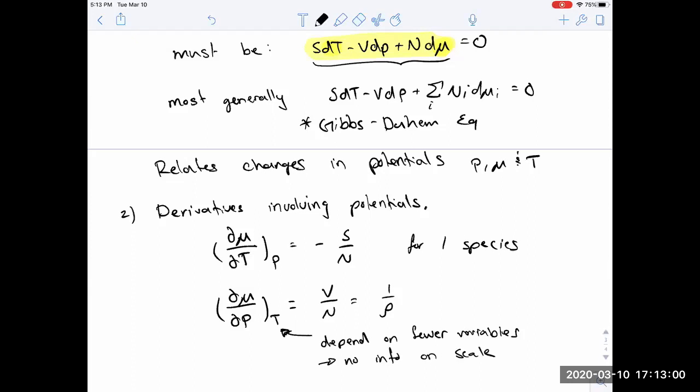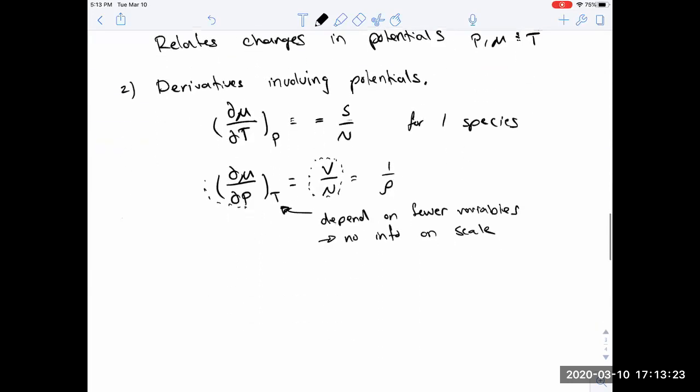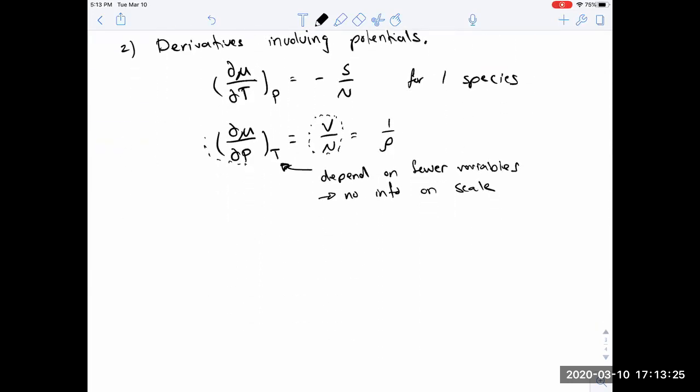Over on the right-hand side, I have an intensive function, the volume of the system divided by the number of particles, as I do on the left-hand side, a ratio of two intensive quantities. So the size of the system in this case is completely dropped out. These sorts of relationships allow us to, for example, convert equation of state information to, say, find the chemical potential.